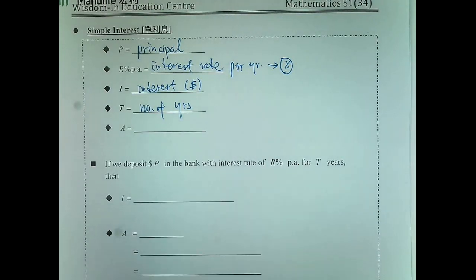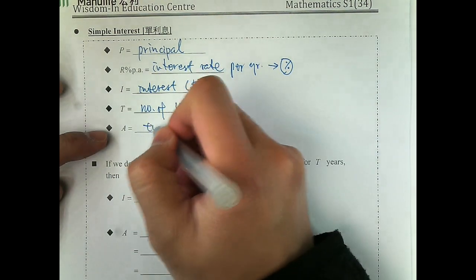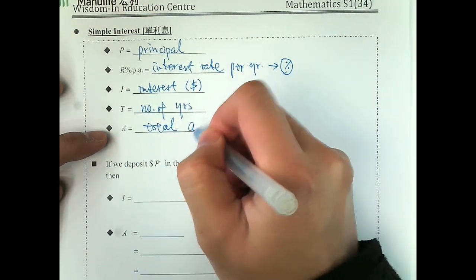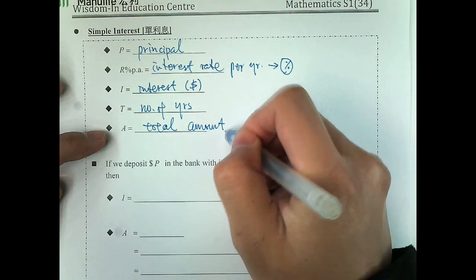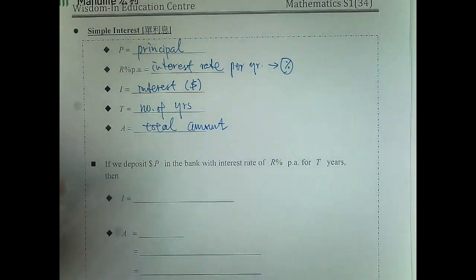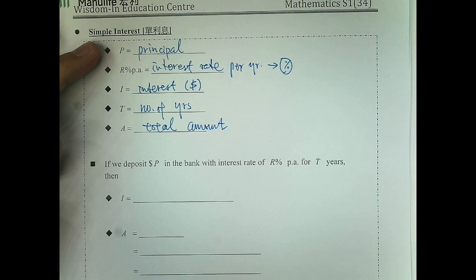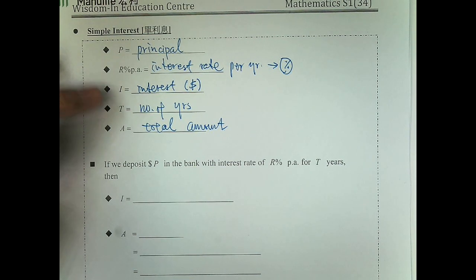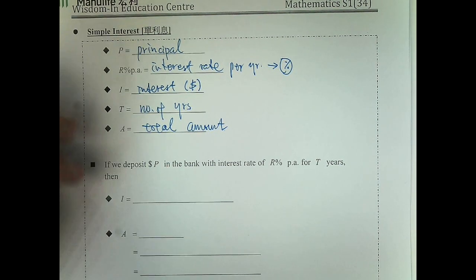Okay, number of years, meaning that you deposit, meaning that you're saving your money in the bank, how long you save. Okay, A is the total amount. Total amount means that your principal, your original money, plus the interest altogether is your total amount.